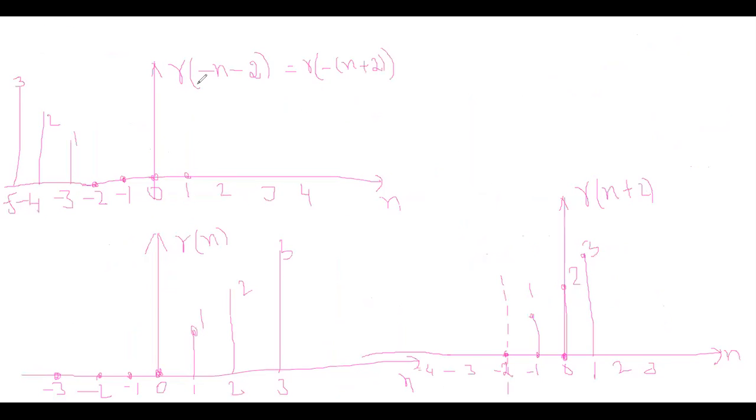Coming to here, comparing these two, R of n plus 2 and R of minus n plus 2. What is R of n plus 2? This is the value we got from R of n. Now the folding occurs at minus 2, at n is equal to minus 2 in this function.